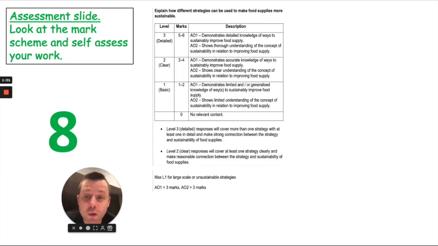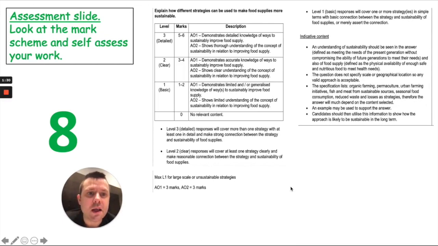So if you only cover one strategy, you're stuck at the top of level 2, which is not necessarily a tragedy, but why not talk about more if you can? And make reasonable connections between the strategy and sustainability. Just very quickly, if you talked about a large-scale project, which we haven't done yet in this video, but it would be like the Indus Basin irrigation system, maximum level 1, or unsustainable practice.